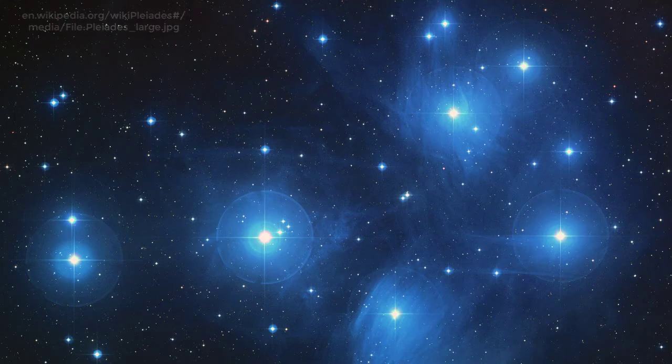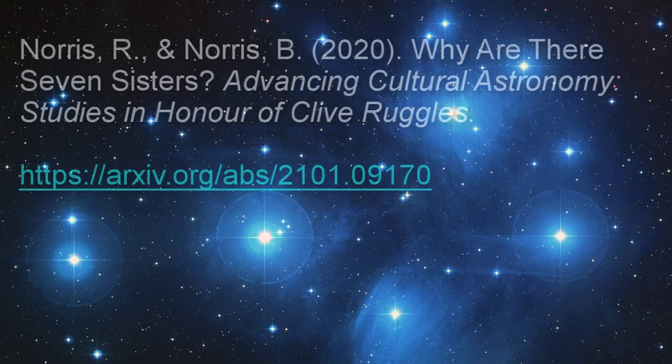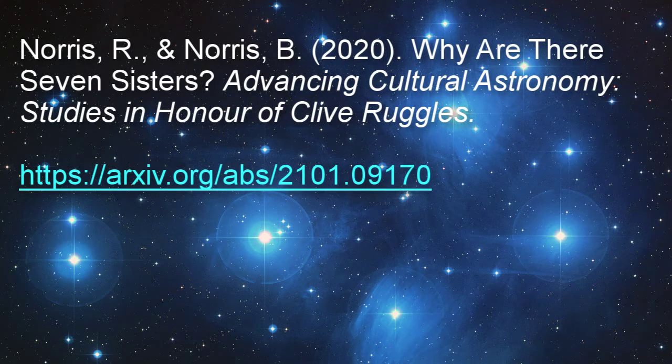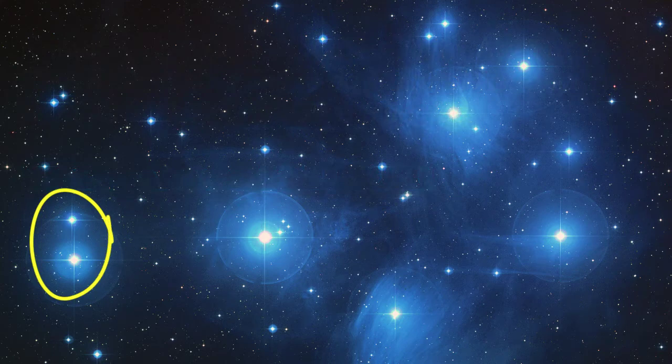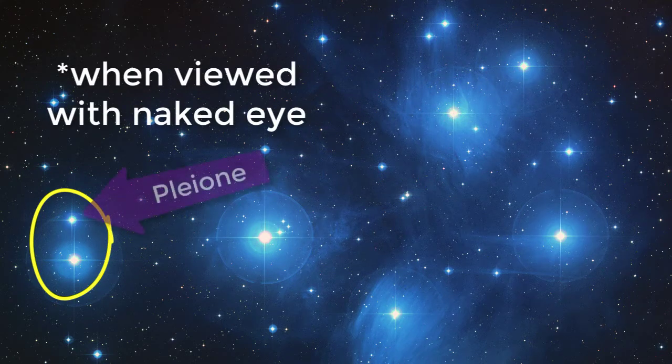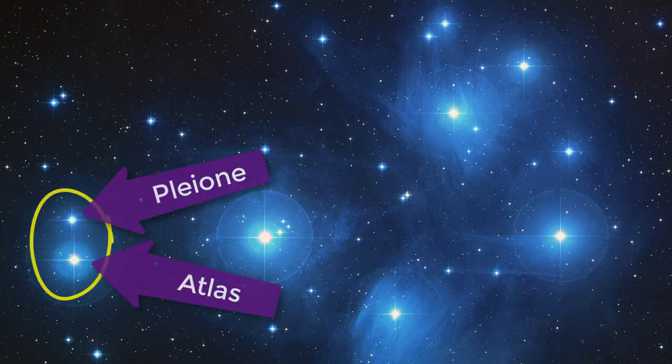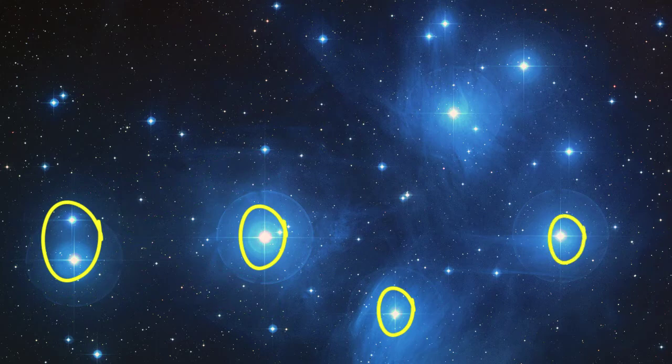There is a paper I checked out recently, an article. A couple of astronomers are positing that what might have happened is, like the myth of the lost Pleiad, these 2 stars right here are so close together they really look like one. If you look up at the sky, you'll see this one, which is Pleione, and a nearby star. And then you've got 1, 2, 3, 4, 5, 6.